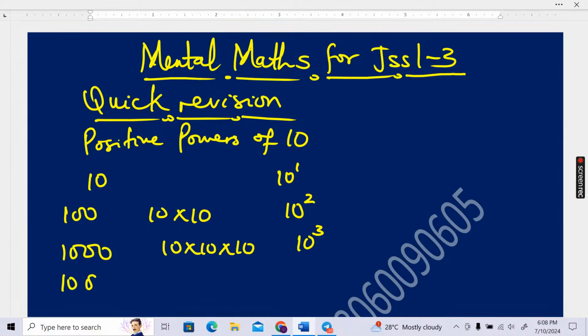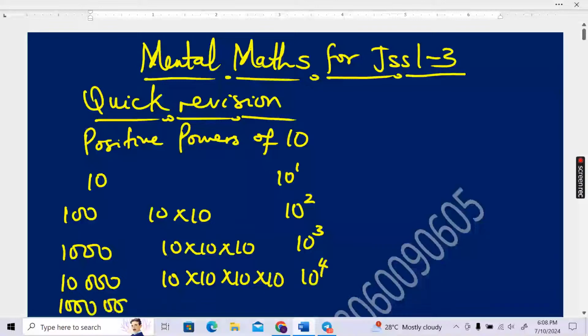And you can continue like that. 10,000 means 10 times 10 times 10 times 10, and that is 10 raised to power 4. Then we can have 1 million, that's 10 multiplying itself 6 places, and that will be 10 raised to power 6. So these are positive powers of 10.